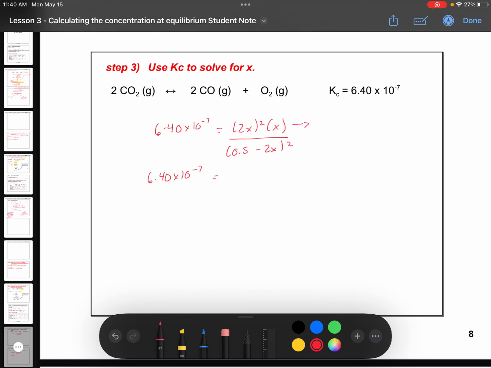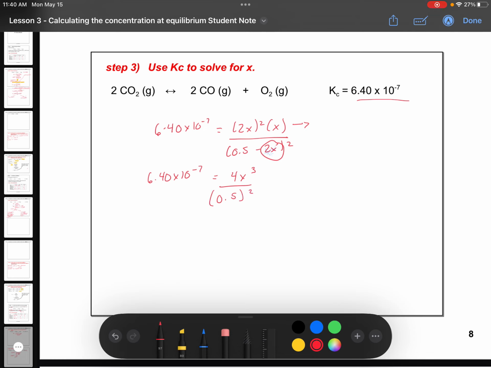Now, based off of this information, we get 6.40 times 10 to the -7. If we were to expand this out, we would get 4x to the power of 3. But because this is an approximation method, this x at the bottom is going to be neglected. We're going to neglect this x value because Kc is already so small that if we subtract x from our 0.5, it's not going to make a difference.